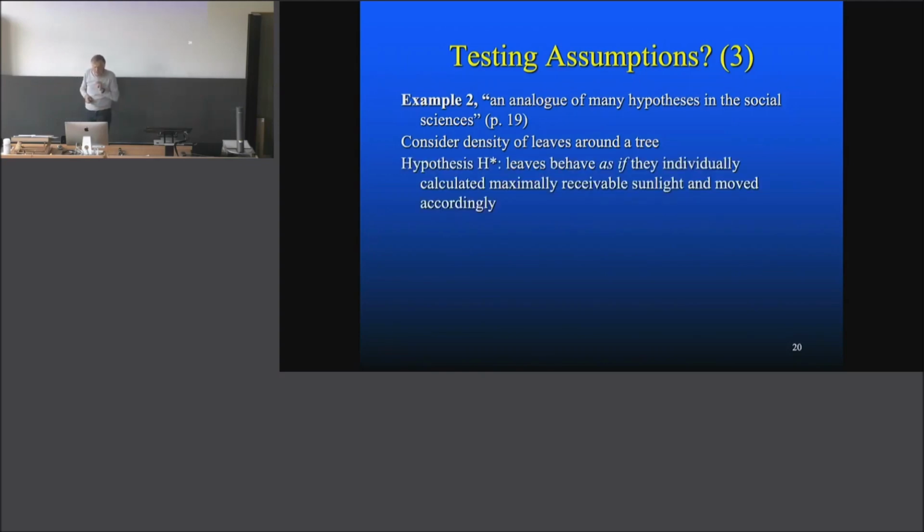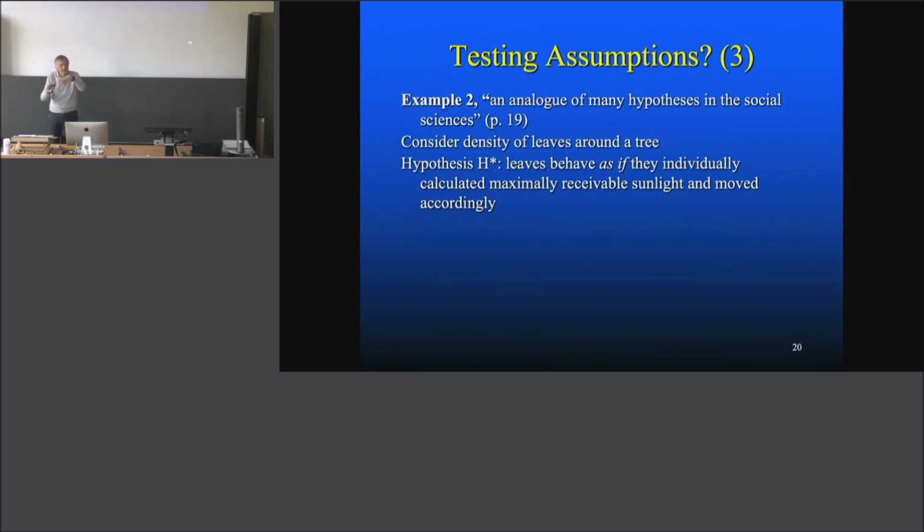Now, there he says, let's introduce a hypothesis H star. Leaves behave as if they individually calculated maximally receivable sunlight and moved accordingly. So you describe that tree, of course, counterfactually, as if the individual leaf calculated, where should I sit, right, in order to receive maximal sunlight.